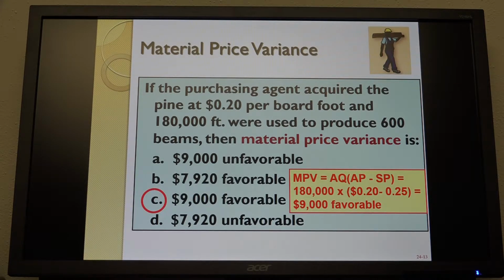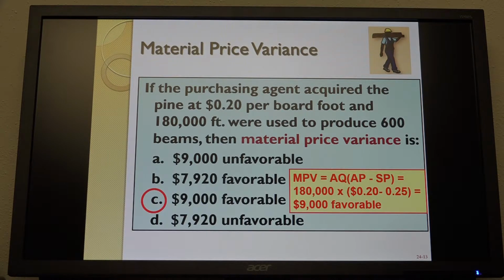And so here, if the purchasing agent acquired the pine at 20 cents per board foot, and 180,000 feet were used to produce 600 beams, then the material price variance is $9,000 favorable.